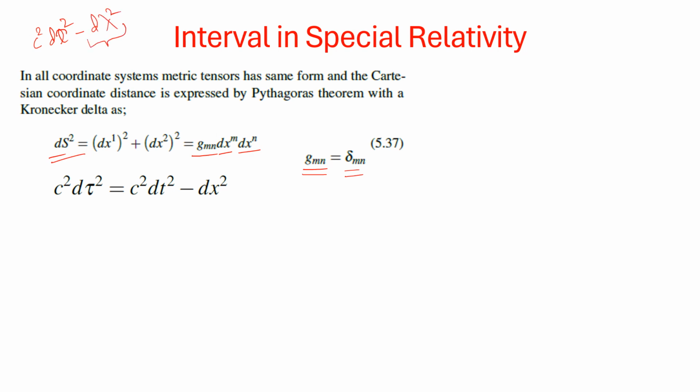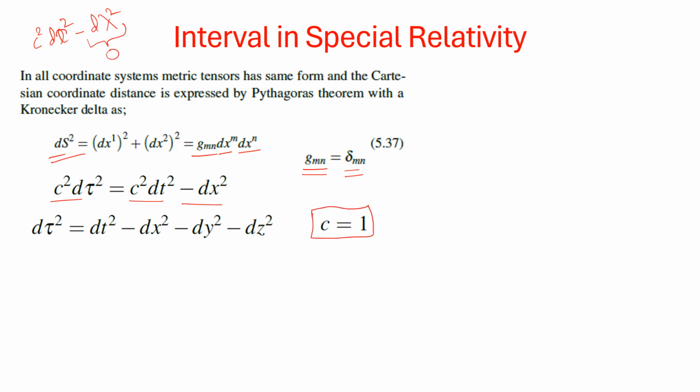So we are considering two objects at the same location in frame S dash, where we refer to special relativity, and so we have only this interval equal to c square dt square minus dx square. So for the four-dimensional space-time continuum, d tau square will be dt square minus dx square minus dy square minus dz square, and here we have introduced c equal to 1 without loss of generality. We can recover c wherever we want, and for simplicity of equations we shall put c equal to 1. We shall consider a unit system where the value of c is unity.